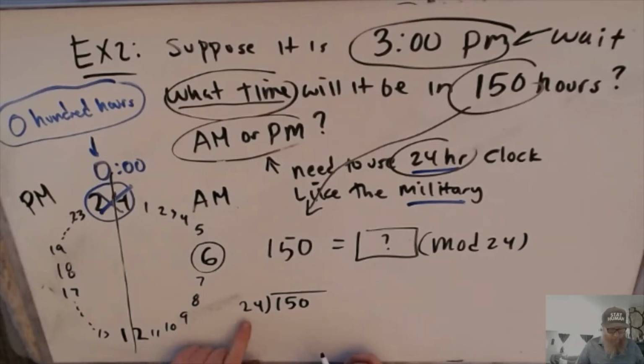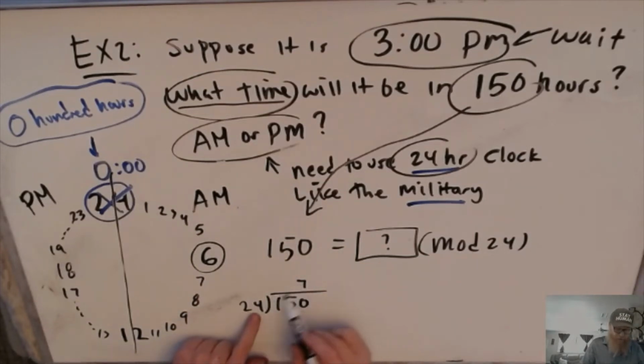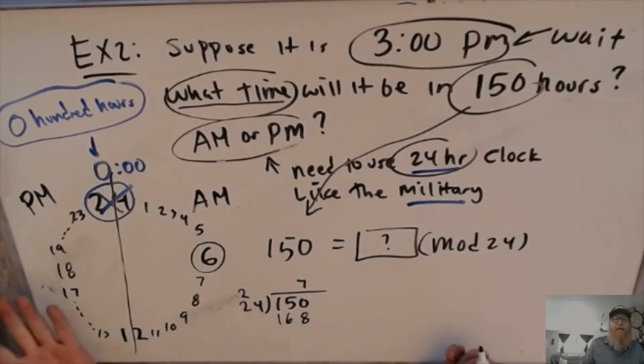All right, so 24 goes into 150, I don't know, 5, 6, 7 times. I'm just guessing. I could always change my mind. 7 times 4 is 28, carry the 2. 7 times 2 is 14, plus 2 is 16. Oh, it's too big.